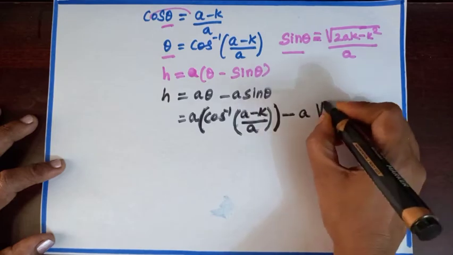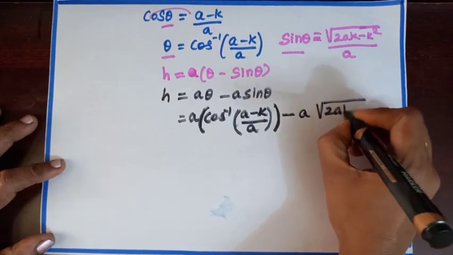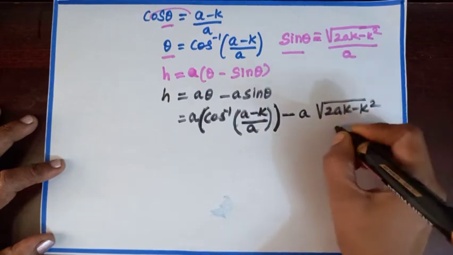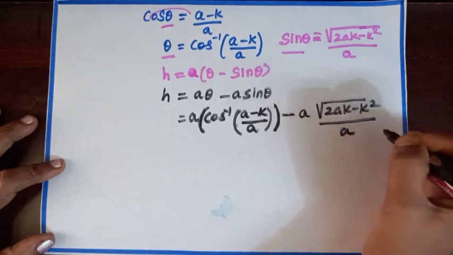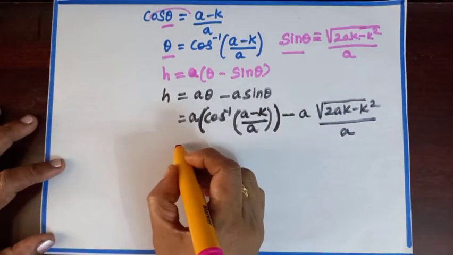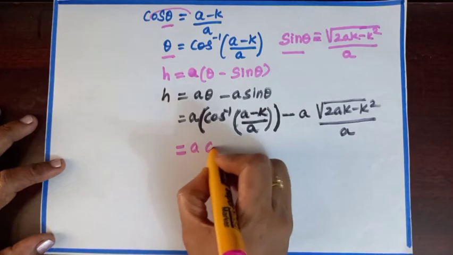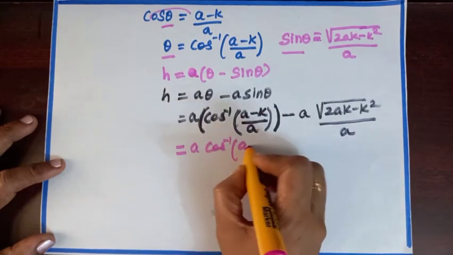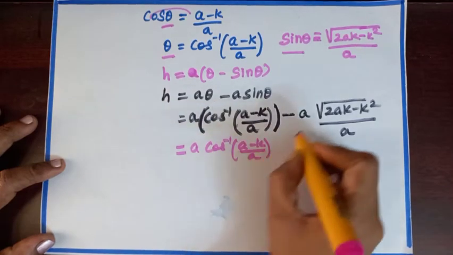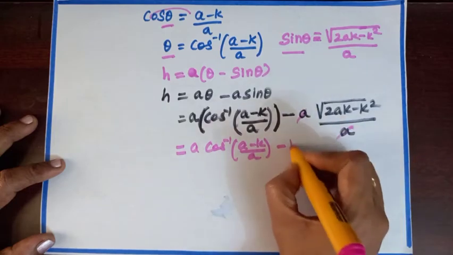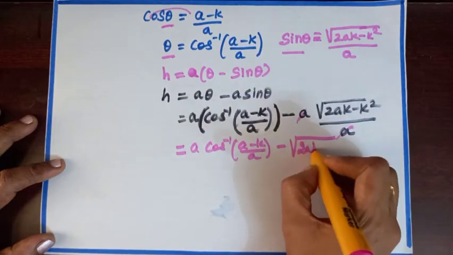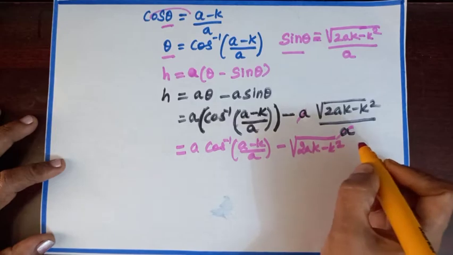Sin theta is root of 2ak minus k square by a, which is equal to a cos inverse of a minus k by a, and a will be cancelled, minus root of 2ak minus k square.